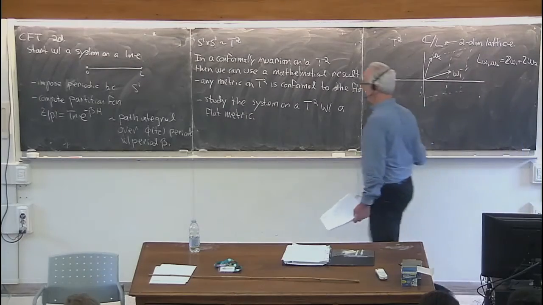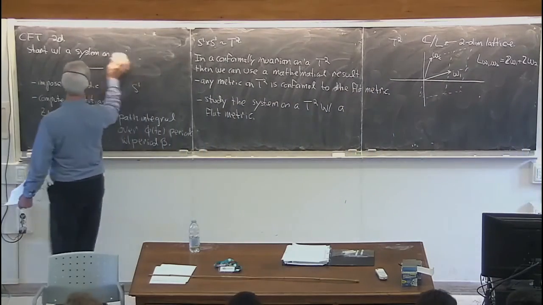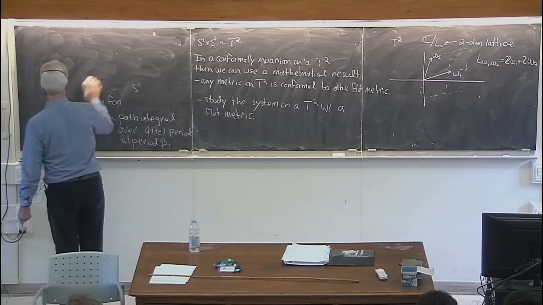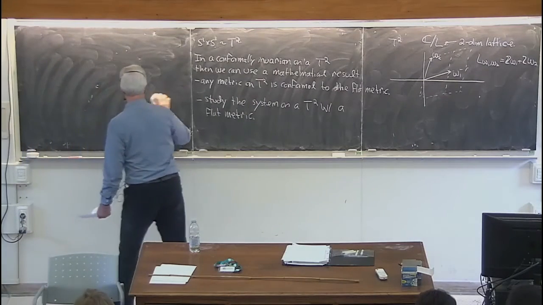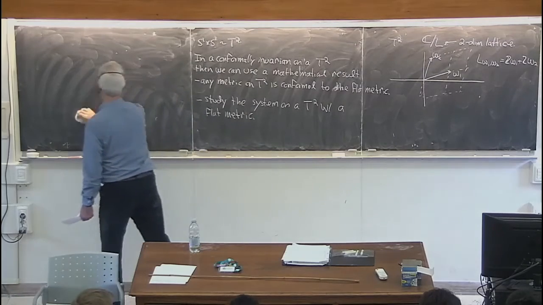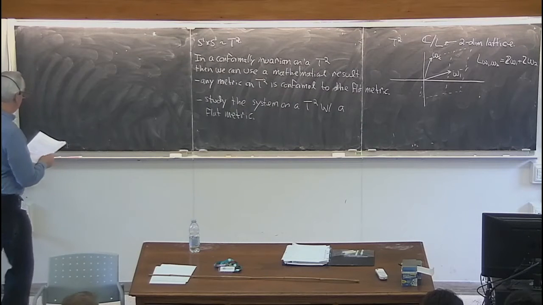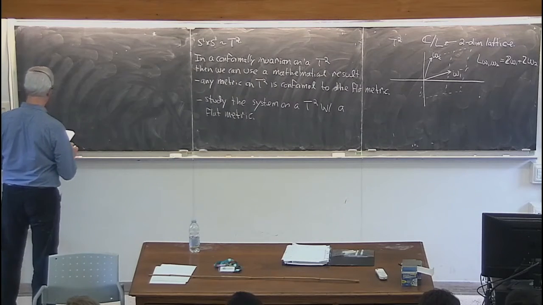Now, since the theory is conformally invariant, nothing can depend on the scale of the metric. And so it makes sense to do the following.